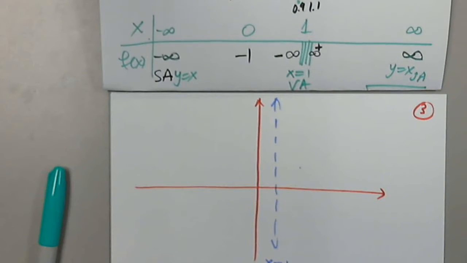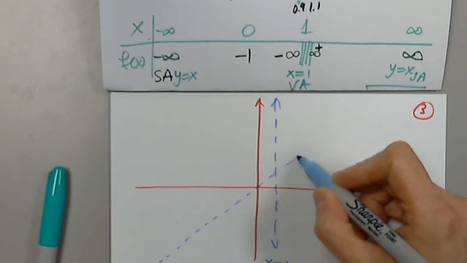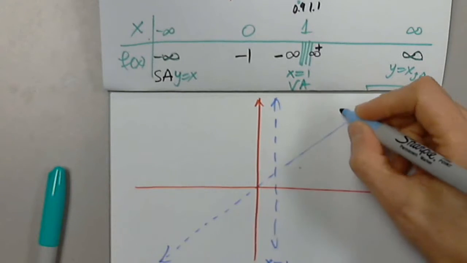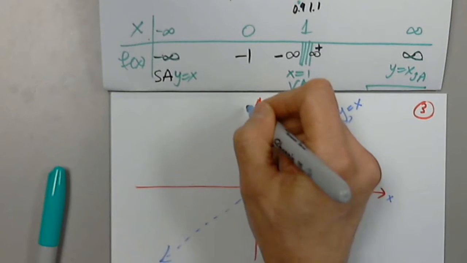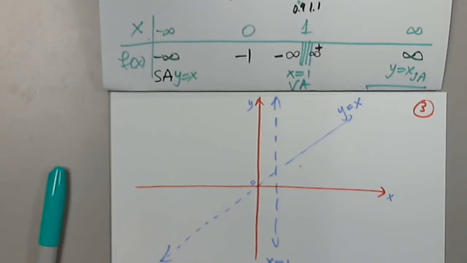Good. Which is the other asymptote that I have to graph? Which is? Very good. And we know how to graph that for months now. So this is y equals x. And this is x, this is the origin, and this is y. Ready? Let's look at the chart one more time.